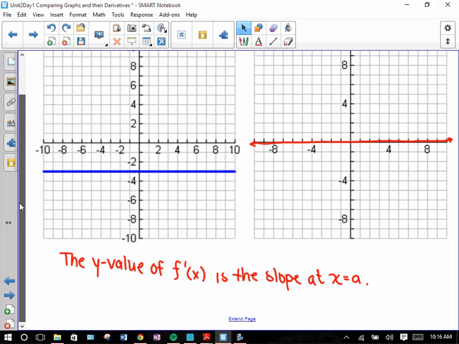So what you need to take with you is that whatever the slope is at a given point, that slope is the y value for your first derivative graph at that point.